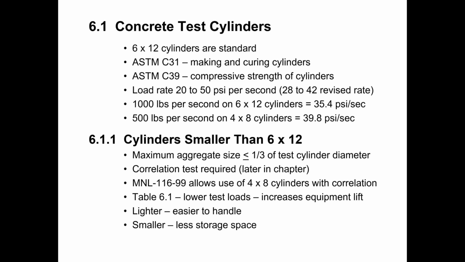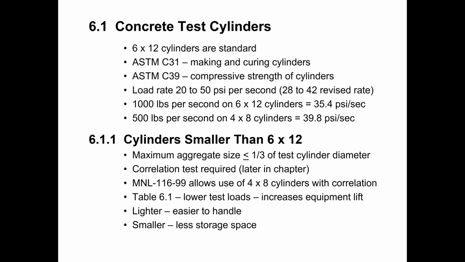All right, cylinders smaller than 6x12 can be used, but there are some things that we need to keep in mind. One is that the mix design has to be suitable for using a smaller cylinder. And the way we can evaluate that is by looking at the maximum aggregate size in our mix design. The maximum aggregate size has to be less than or equal to 1/3 the test cylinder diameter.